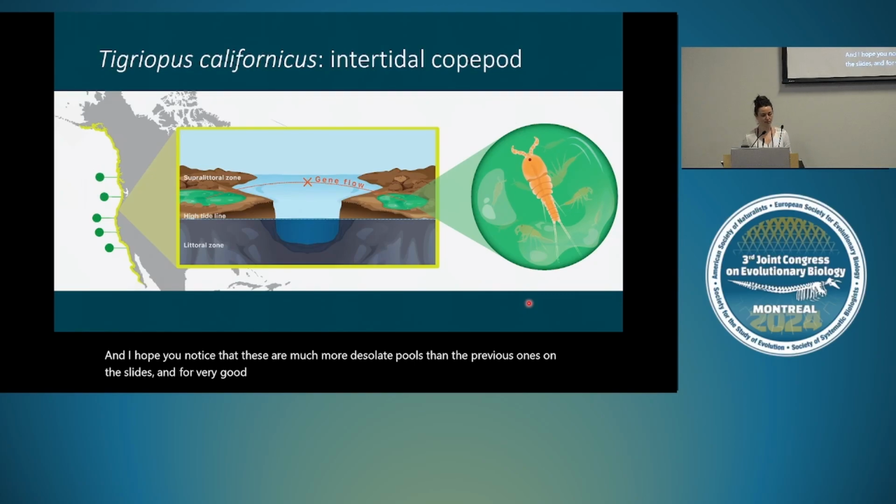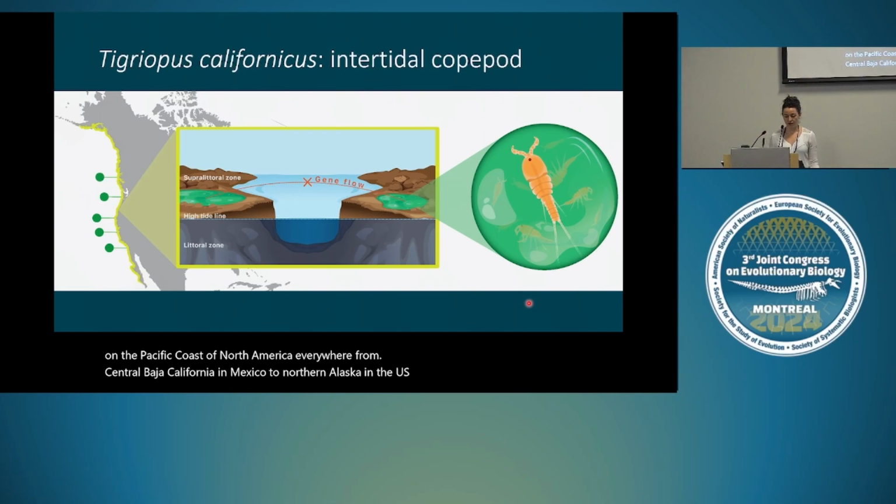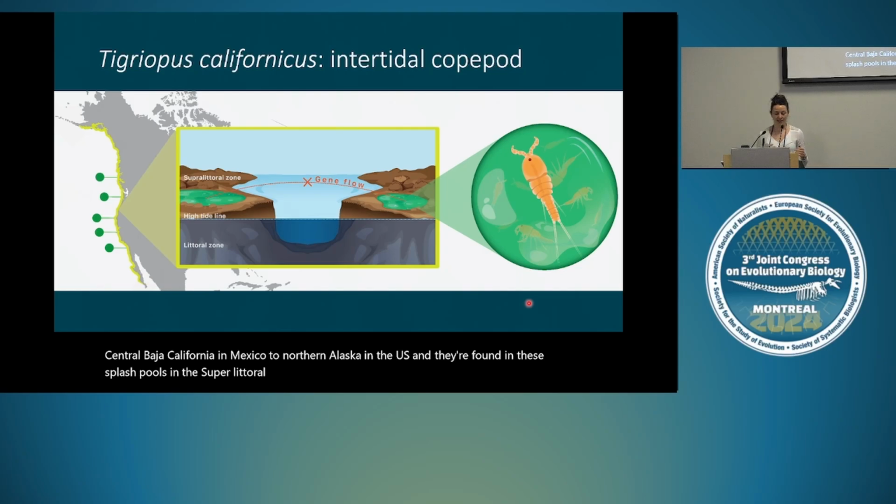So first things first, Tigriopus californicus can be found on the Pacific coast of North America, everywhere from central Baja California in Mexico to northern Alaska in the US. And they're found in these splash pools in the supralittoral zone, and that's above the high tide line.